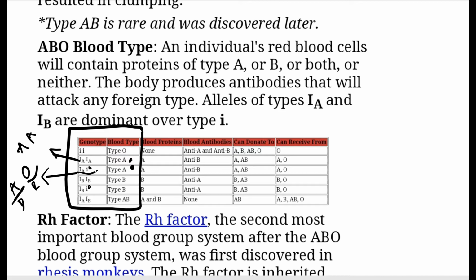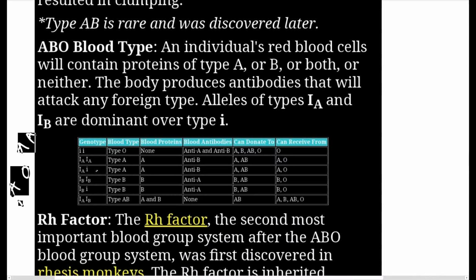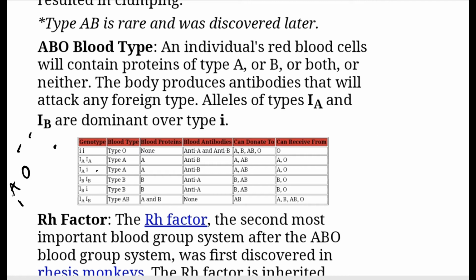So as I said, these groups, the genotypes, you're meant to memorize. They are not very hard, they are fairly easy.